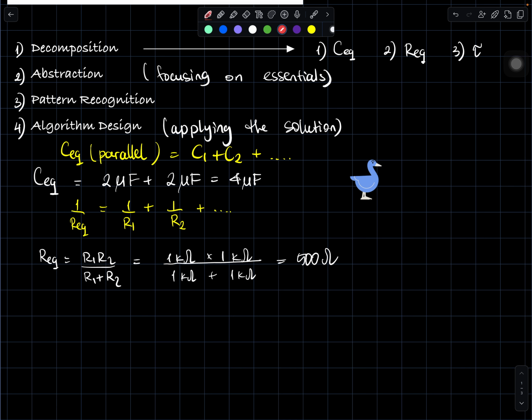So we finished phase 1 and phase 2, and then we will go on to phase 3, which is finding tau.